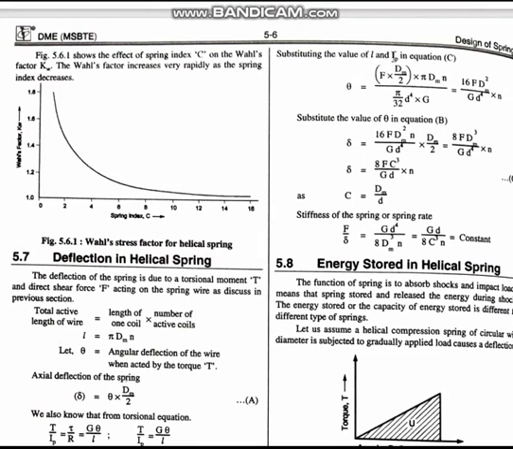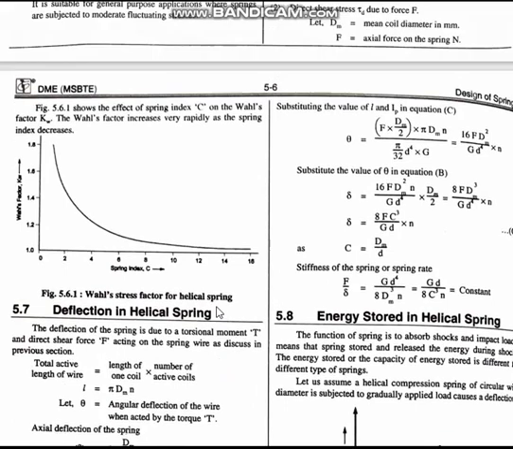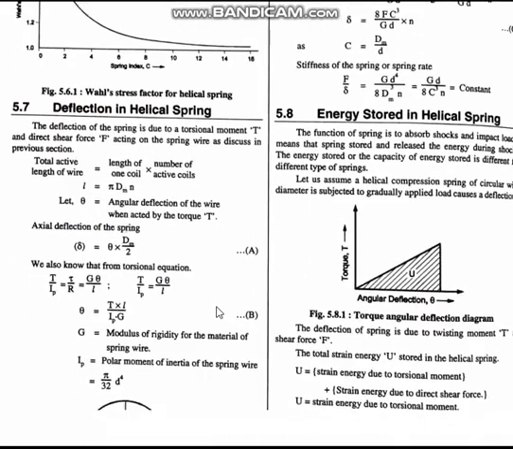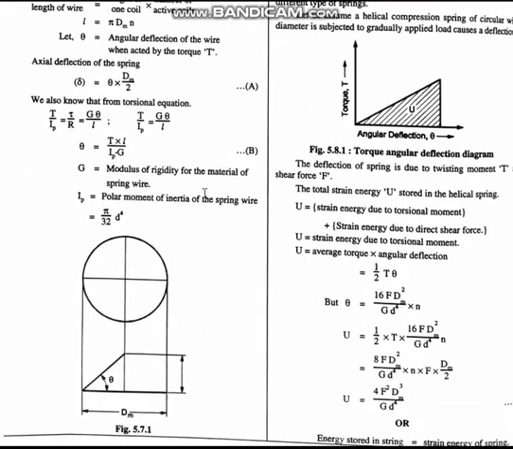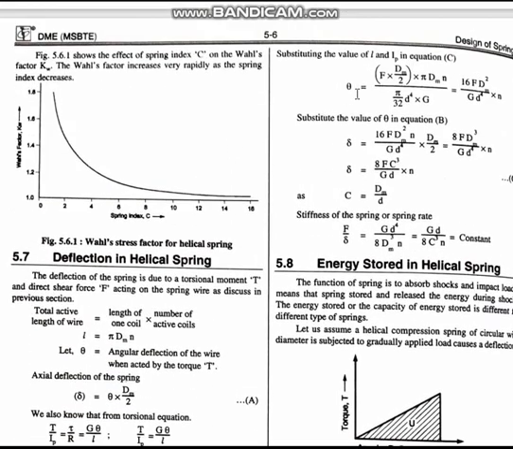Now substitute the value of L and J in equation B. You see, we have the J value and the L value. Here L and J, meaning Ip, the values you put here. And what will it become?